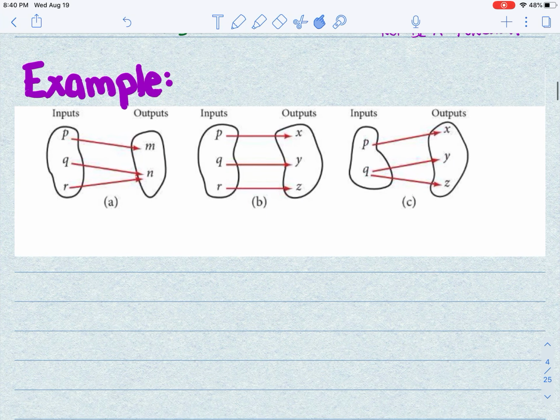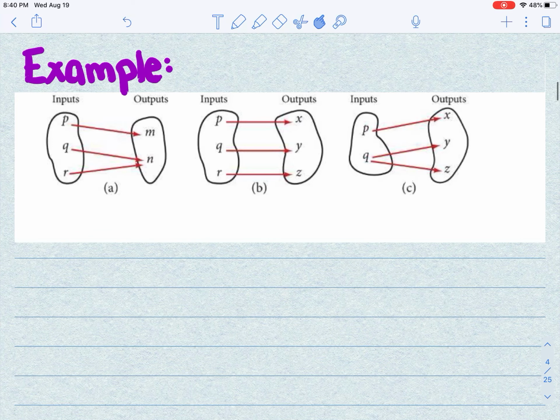So let's look at this example and let's decide whether each of these represent functions. Now, these are all relations, but they look kind of funny. This is a relation. It is a set of ordered pairs, but it is written in a mapping format. So let me just show you what I mean by that.